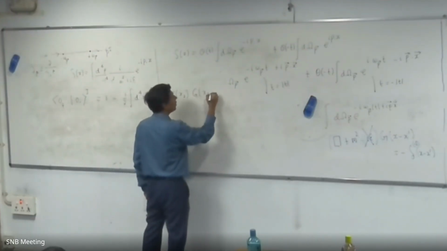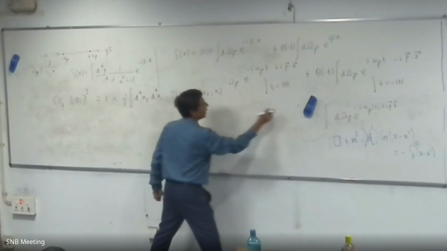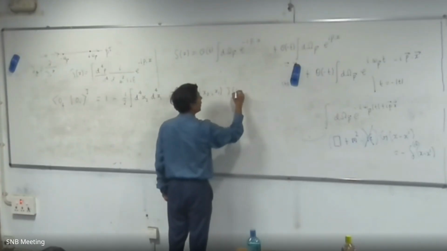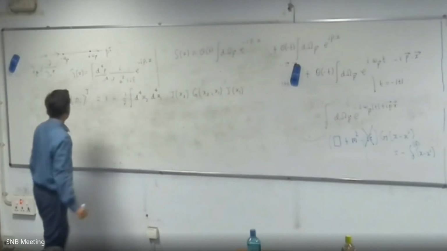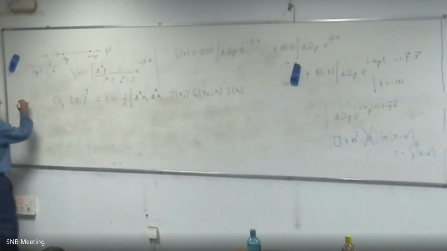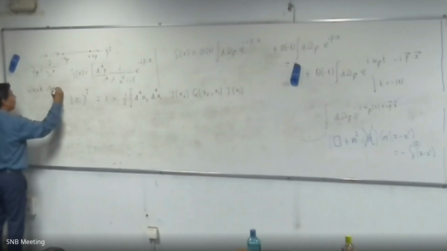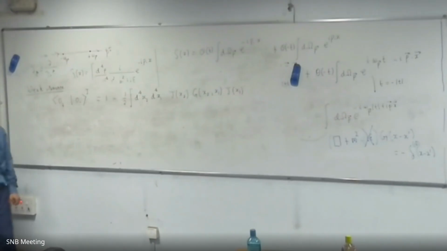This is G(x2; x1), and then this is J(x1). But mind you, the result that I have on board is for a weak source. So weak sources physically create only one particle.